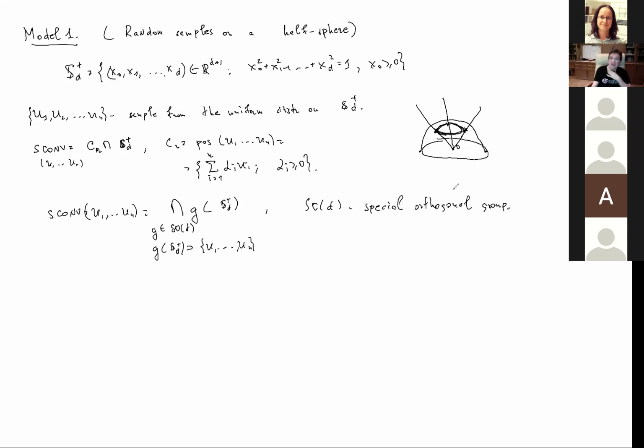So in some sense, yes, because these are geodesics on a sphere, right? The edges of this spherical convex hull are just geodesics. We take, in some sense, extreme points of our sample and connect them by geodesics on the sphere. And the relative boundary of this convex hull, relative to the topology of the half sphere, consists of a finite number of geodesics.